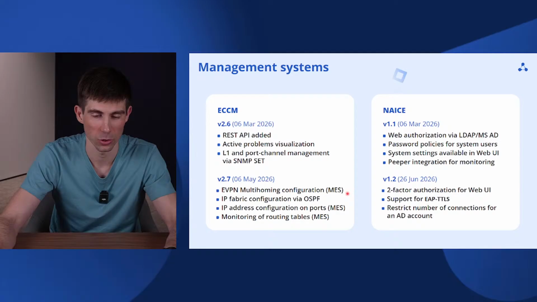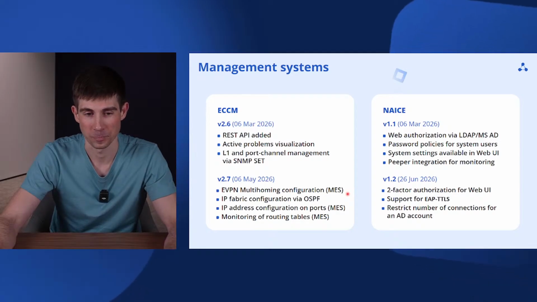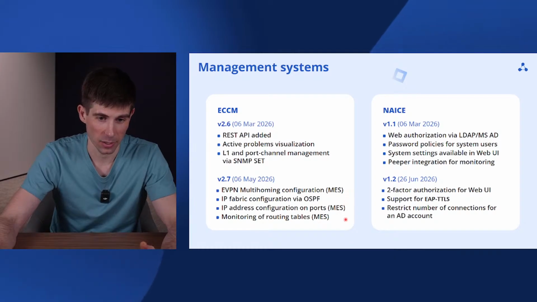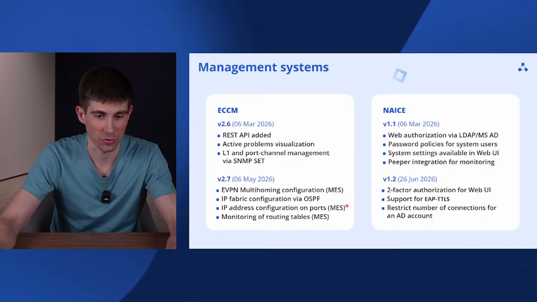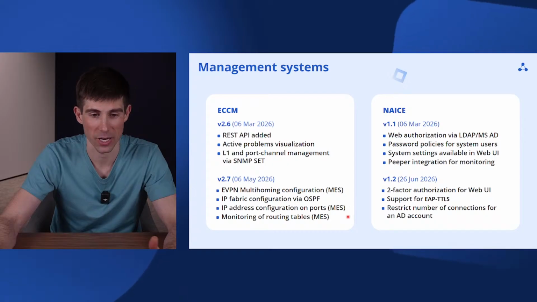This again can be set up through a nice user-friendly web interface, and also some of the access level stuff like IP address configuration on ports for switches and monitoring of routing tables.